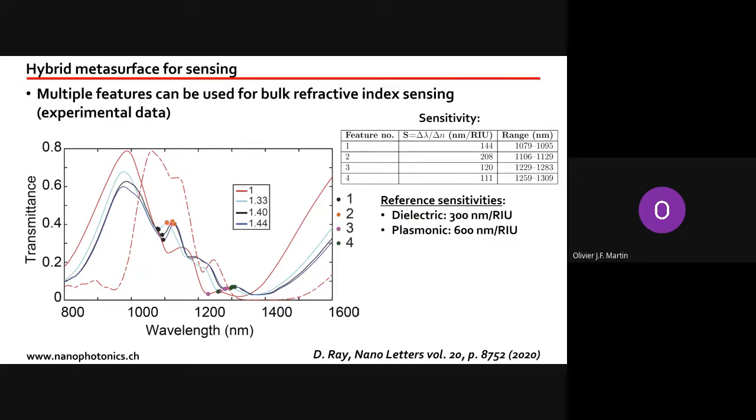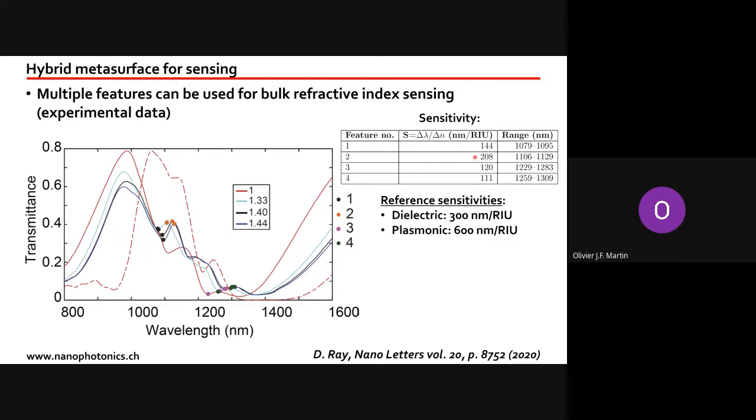So we have a wavelength range per change of refractive index. So this is why this sensitivity is expressed here as nanometer per refractive index unit. These are the values, and each feature has a different sensitivity.